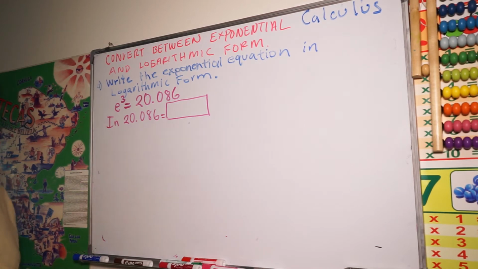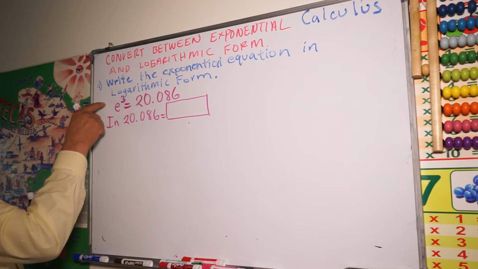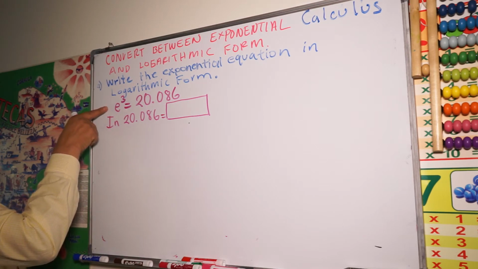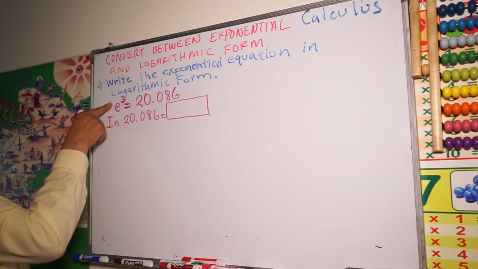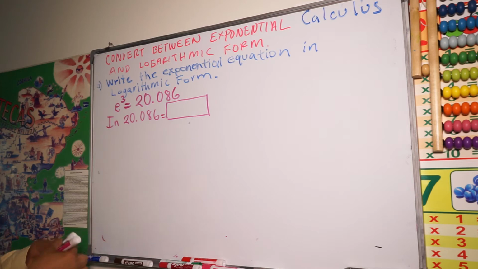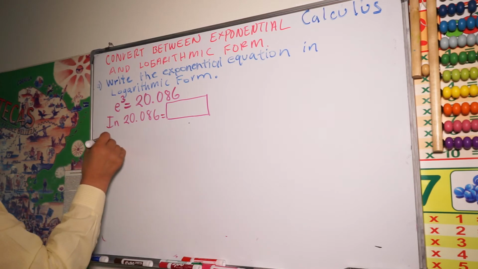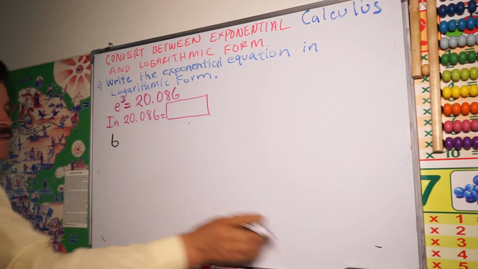The first step, we have to look at the right here. This is an exponential equation in the form b^y = x.